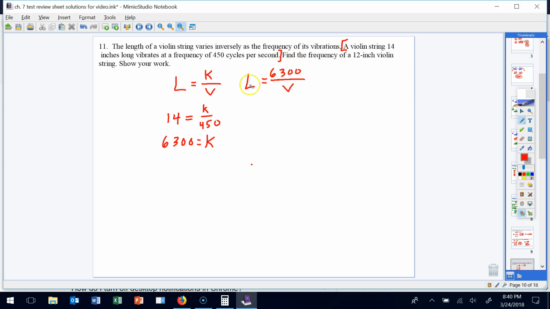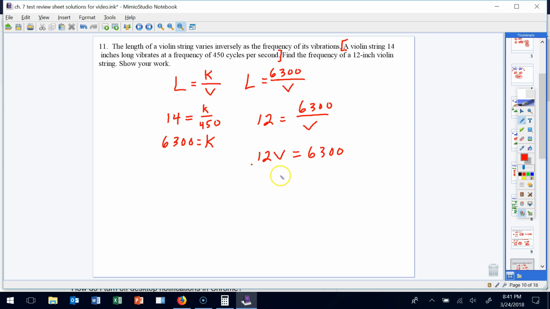Okay, so we're going to use this to get our final answer. Find the frequency, the number of vibrations, of a 12-inch violin string. They've given us L, it's 12. We've got to solve for V, the frequency of the vibrations. So 12 equals 6,300 over V, multiplied by V on both sides. 12V is 6,300.